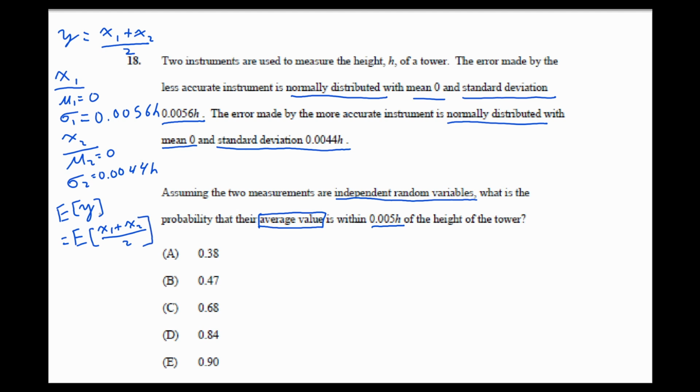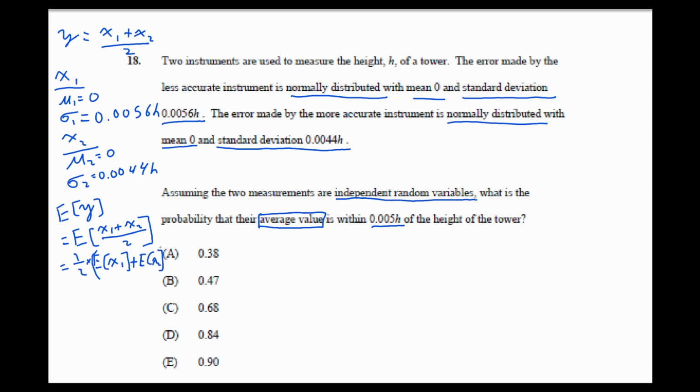We just substitute x1 plus x2 divided by 2 into y there, which is also going to be equal to 1 over 2 times the expected value of (x1 plus x2).